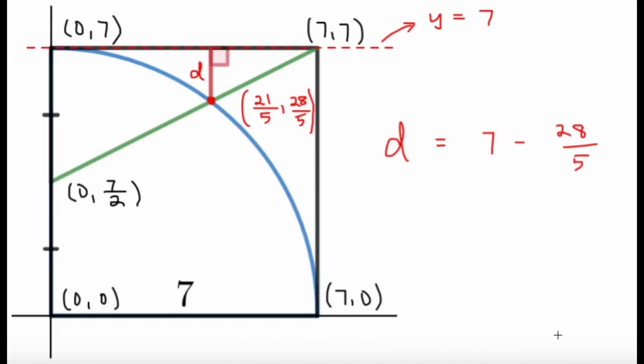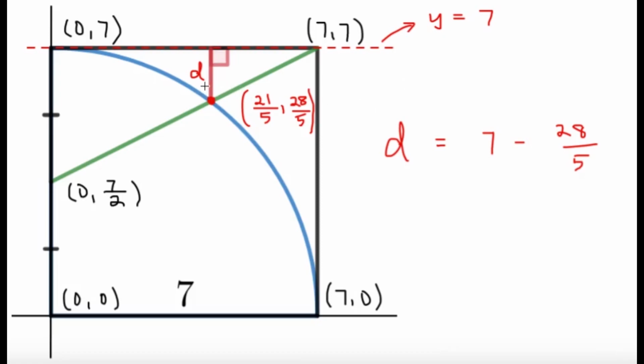So we found the intersection. The point of intersection is 21 over 5, 28 over 5. And as mentioned a while ago, the red segment, let's say it has a length of d for now, is going to be equal to 7 minus 28 over 5, because all you have to do is get the difference between the y values, and that's going to be the length of d.